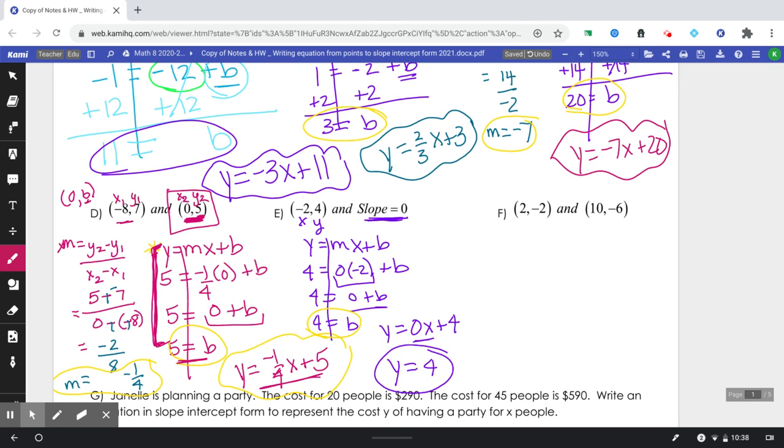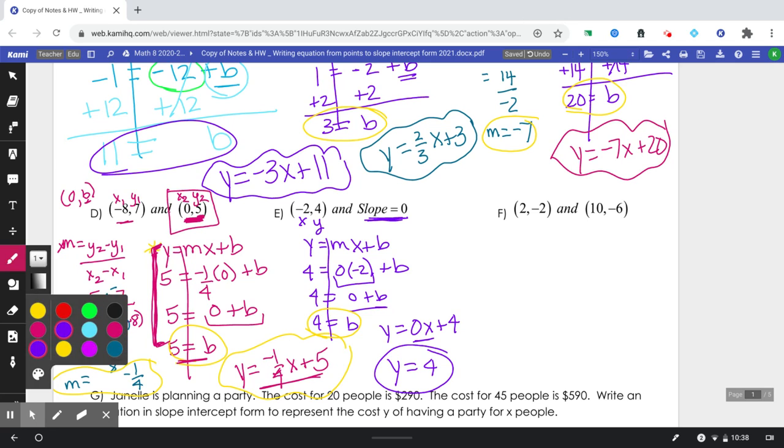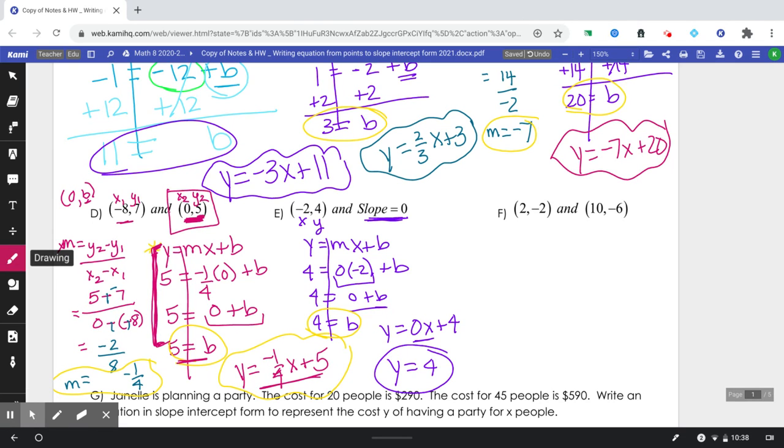Okay? All right, let's see how you did on letter F. Okay, so this one, I don't know the slope. So I'm going to have to find it first. So y2 minus y1 over x2 minus x1. I'll call this x1, y1, x2, y2. All right, I am going to plug in.